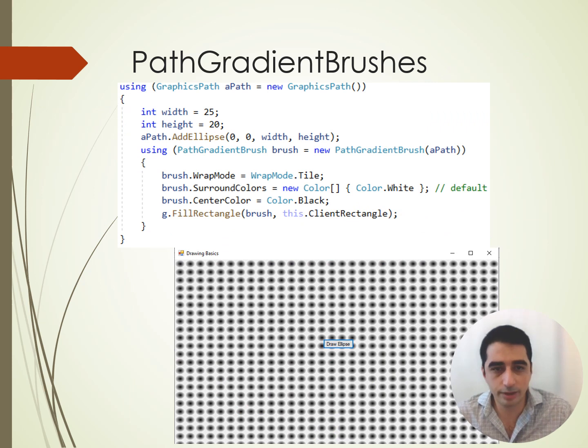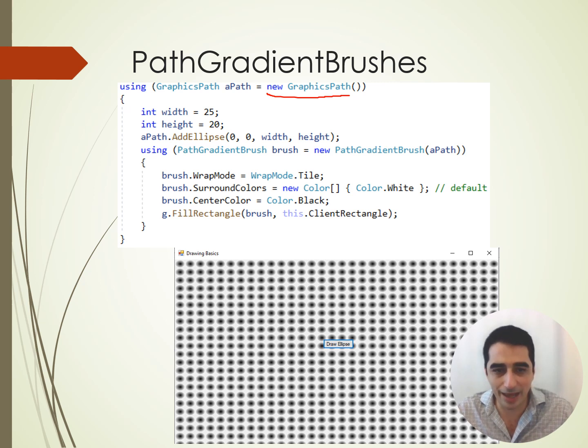You can use path gradient brushes to fill an area by tiling it using small patterns. Here is a simple example. I have created a graphics path, which is an object of GraphicsPath, which is a predefined class.